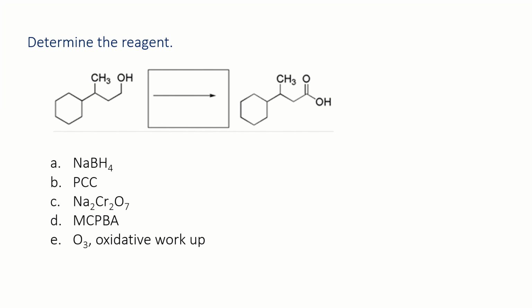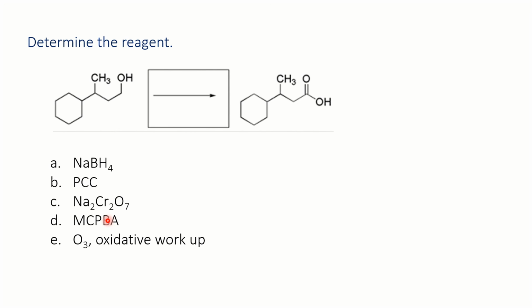A question like this, where we have a primary alcohol being converted to an acid, should be recognized immediately as an oxidation. Sodium borohydride is a reducing agent. PCC is mild and will only drive it to the aldehyde.